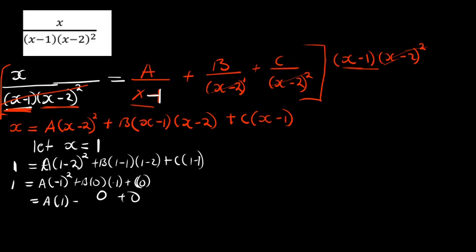So here it will be 1 plus 0, so here it will be 1. So this simplifies to a is equal to 1. So I'll say a is equal to 1. Okay. Let's go to the second one to calculate the value of b.